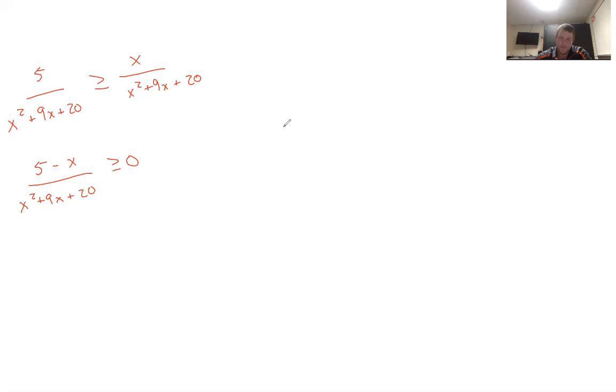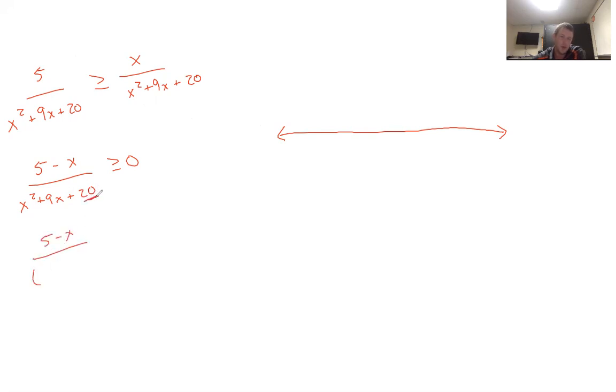All right, number line. And again, I would draw this out every single time you see one of these. Let's do the bottom first. And notice, see how it's greater than or equal to, so the top could equal 0, but the bottom still can't. So it'd be 5 minus x over, I'm going to factor.